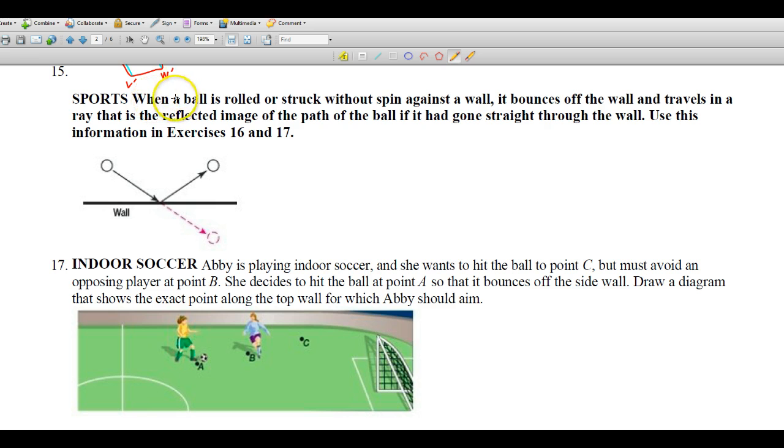For number 17, when a ball is rolled or struck without spin against the wall, it bounces off the wall and travels in a ray that is the reflected image of the path of the ball if it had gone straight through the wall.